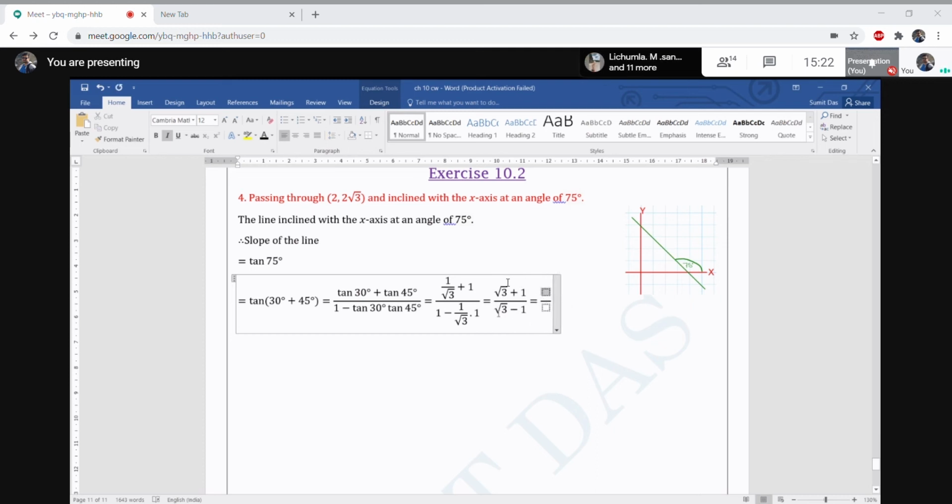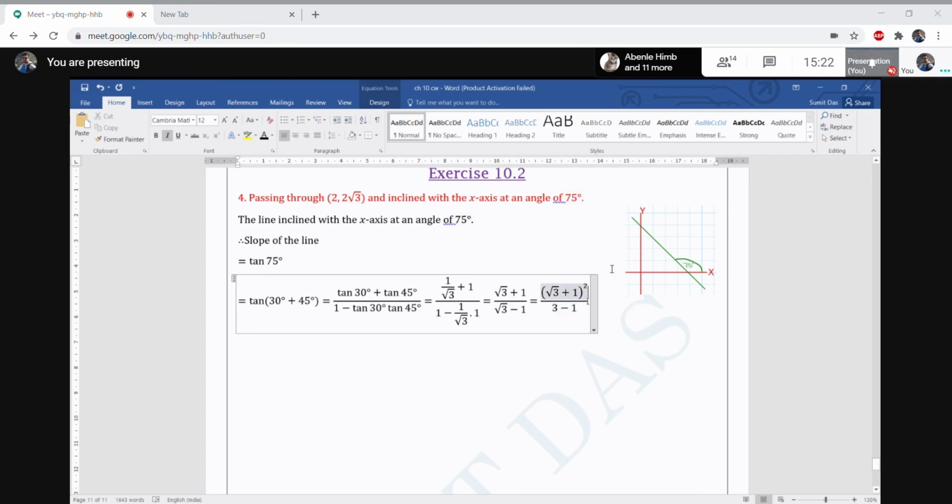I hope you know how to do it. You have to multiply numerator and denominator with root 3 plus 1, right? So the numerator will be inside the bracket root 3 plus 1 whole square, and the denominator will be 3 minus 1, right, using the formula a square minus b square.